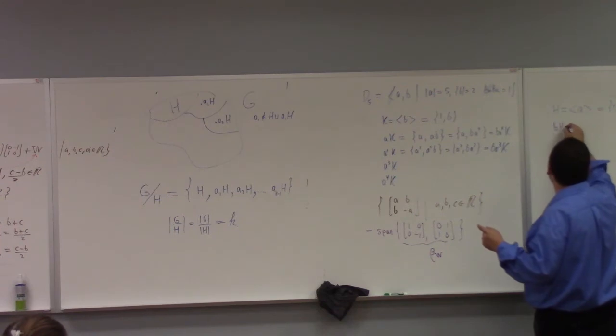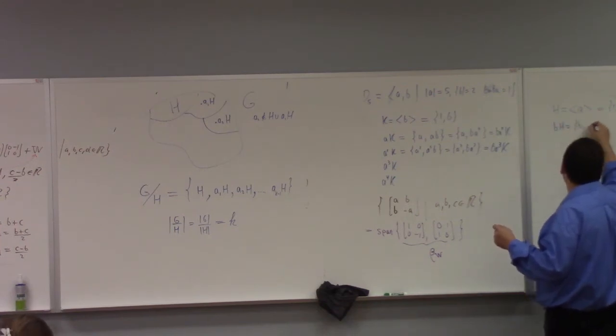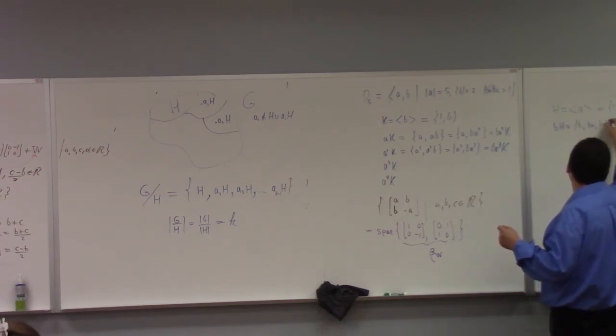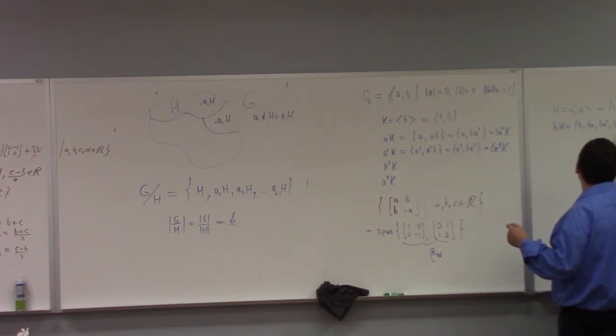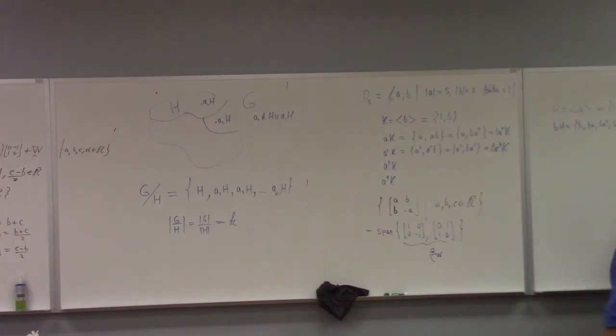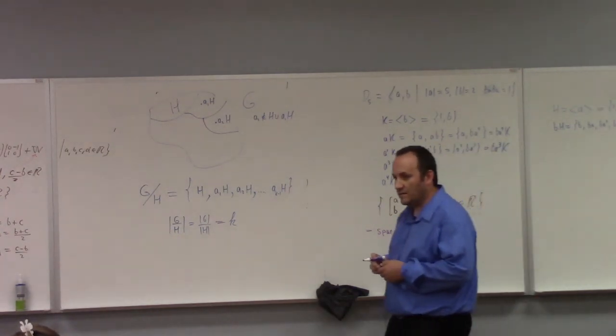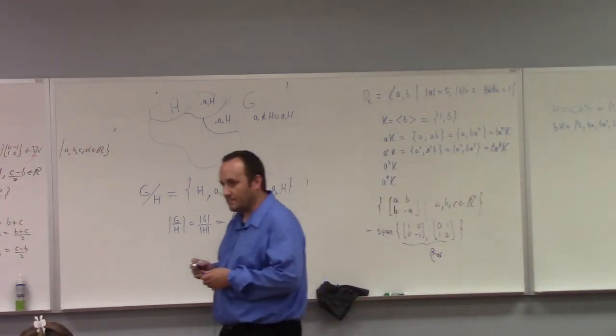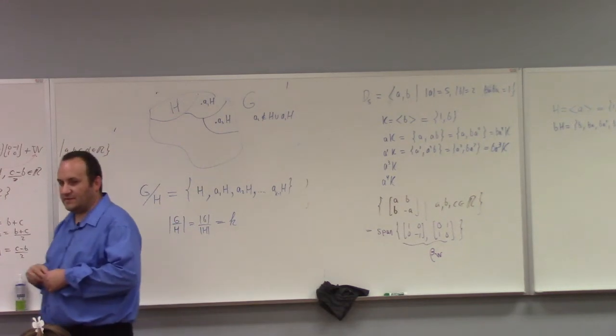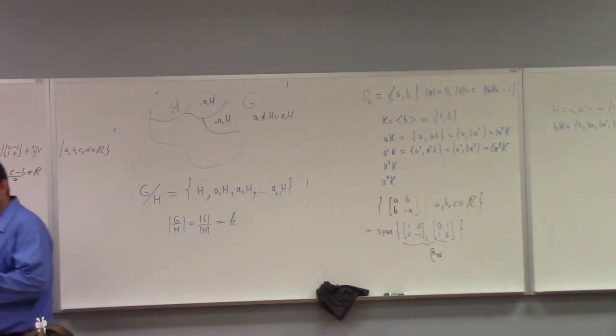So BH is B, BA, BA squared, BA cubed, BA to the fourth. And by the way, this is equal to BA H. This is equal to BA squared H. This is equal to BA cubed H. This is equal to BA to the fourth H. There is a 5-fold degeneracy in the representative for a coset of order 5. These are the calculations you're looking for, I think.